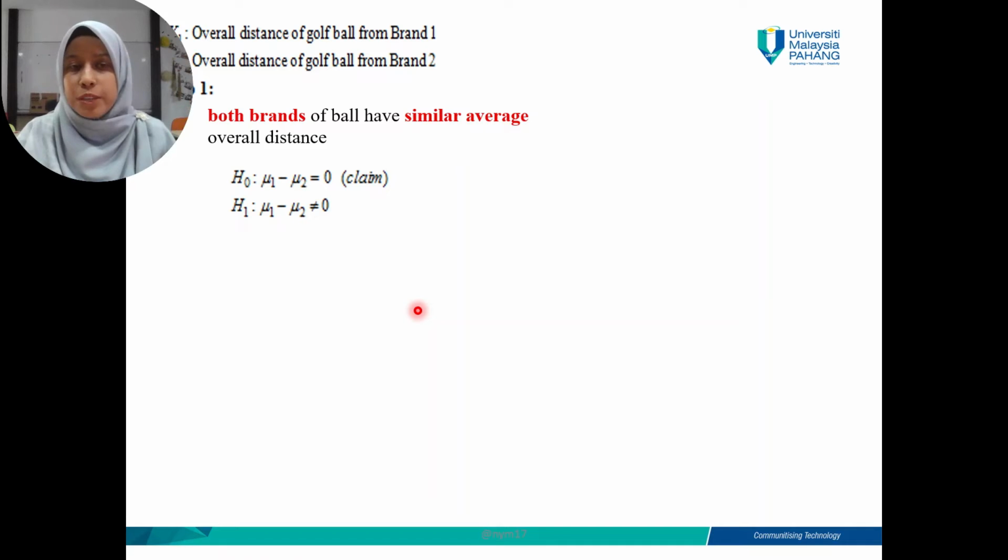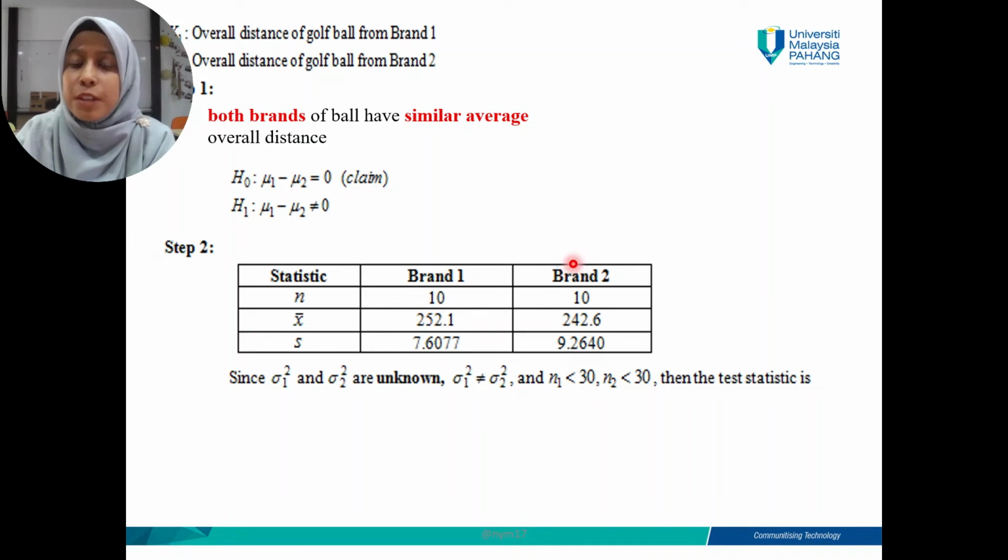Now we can proceed to the second step, which is to calculate the test statistic value based on the conditions given to us. We have discussed earlier that sigma square is unknown, assuming population variances are different. And if you look at the sample size of both brands, both are less than 30. So which formula should you choose?